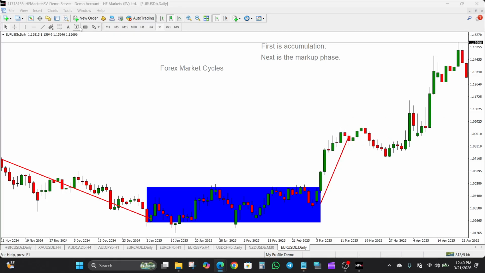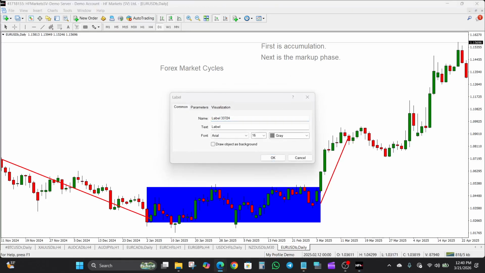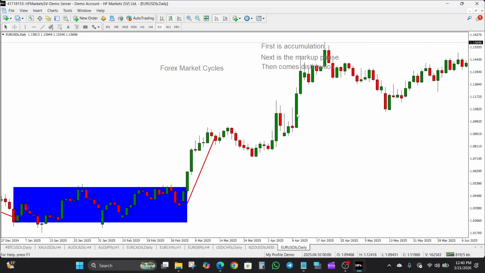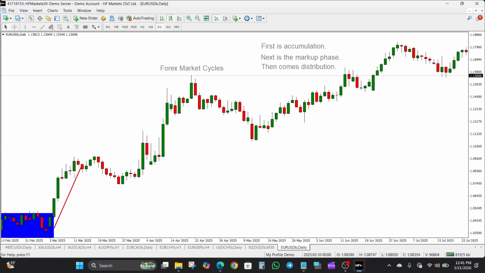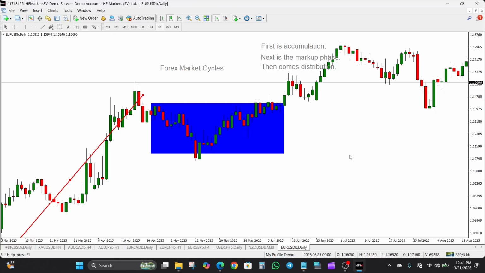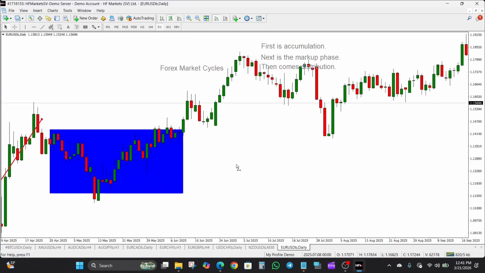Then comes the distribution phase. Here, price starts to slow down and move sideways again.